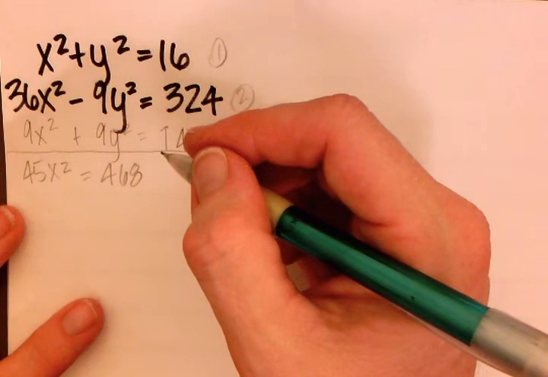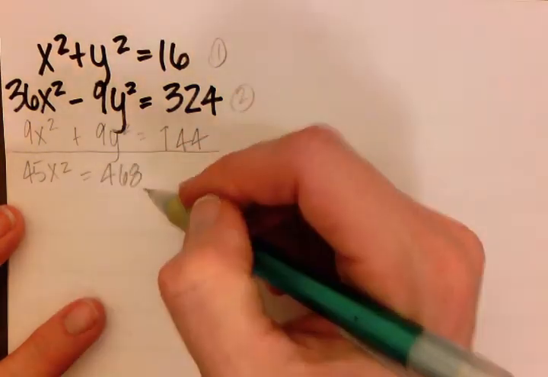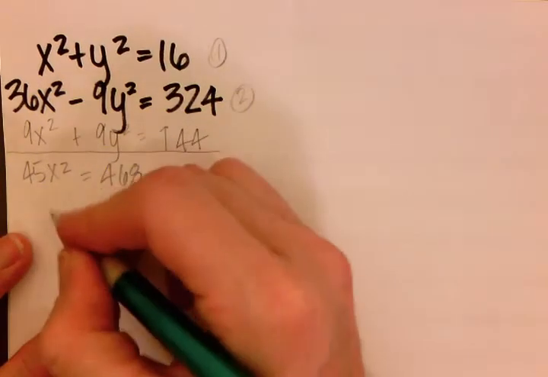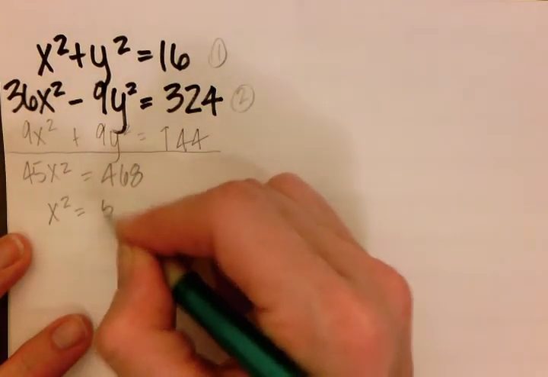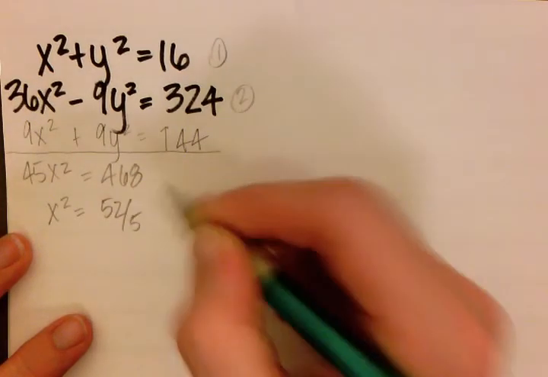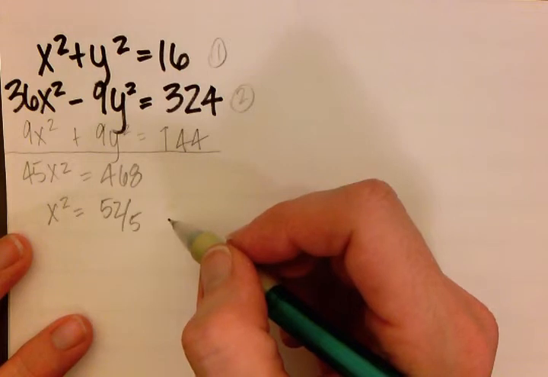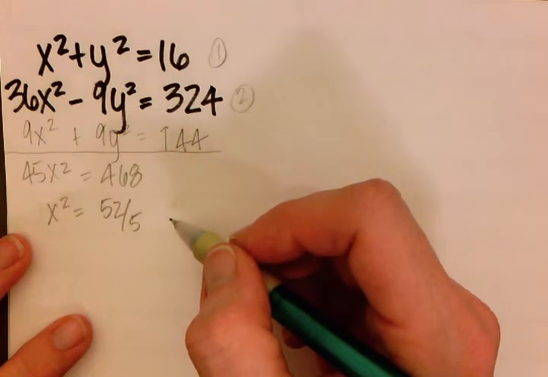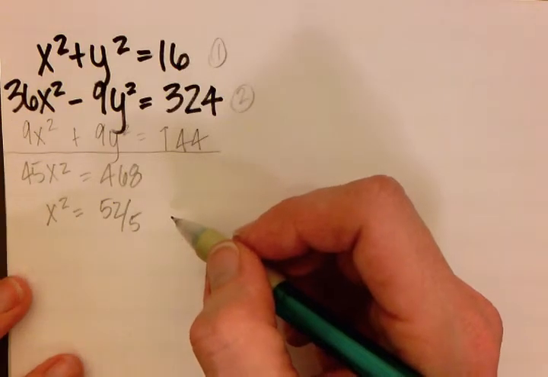And then, of course, we still want to solve for x. So we'd want to divide both sides by 45, and when we do, we get x squared equals 52 over 5. Of course, that's after we simplify. So we still have an x squared here that we are solving for, but we still need to solve for x.